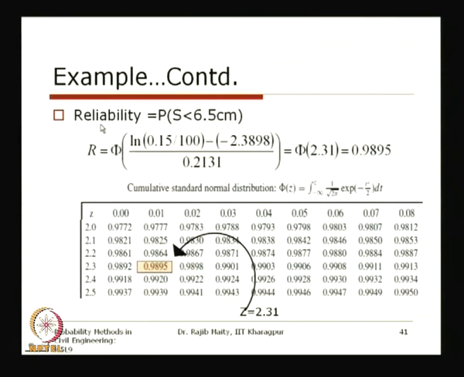So, this is 15 centimeter, that is 0.15 meter. So, we take the log of this value minus the mean, divided by the standard deviation, and we get 2.31, which corresponds to 0.9895, which we can get easily from the cumulative standard normal distribution table. So, the reliability is equal to 0.9895 for the problem that we have discussed.